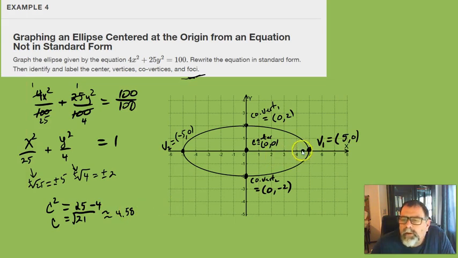So right about there. Okay, so F1 is square root of 21, 0, and F2 is negative square root of 21, 0.